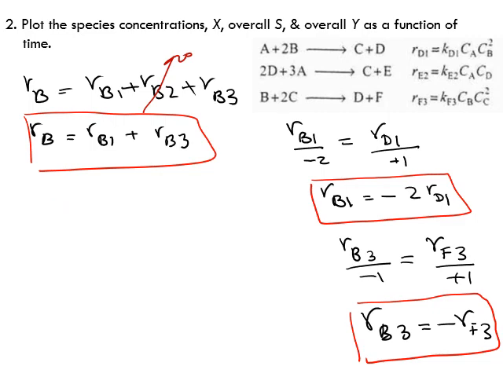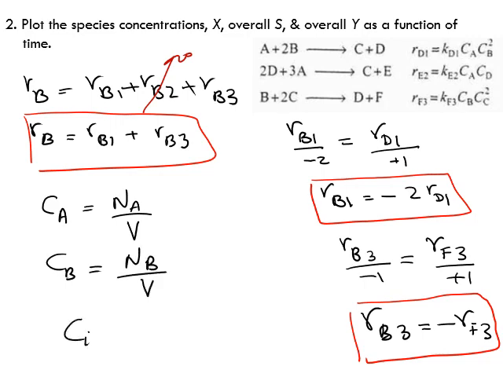So we have to express Ca equals Na divided by V, and we know that V is a function of time, correct? This way, the design equation can be expressed in terms of number of moles, and we also write Cb equals Nb divided by V. Simply, we write Ci as Ni divided by V for all the species.